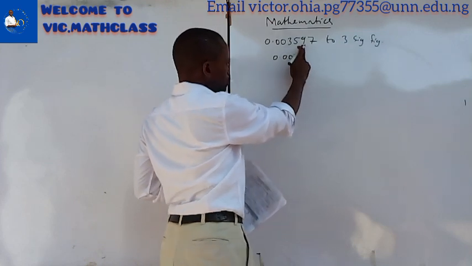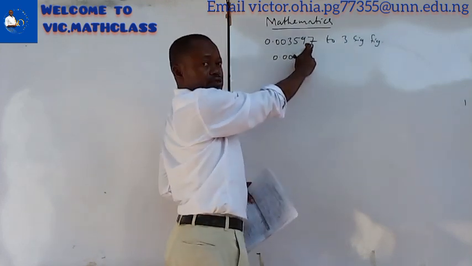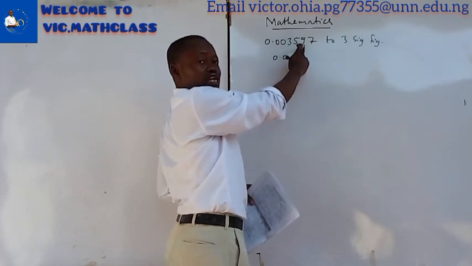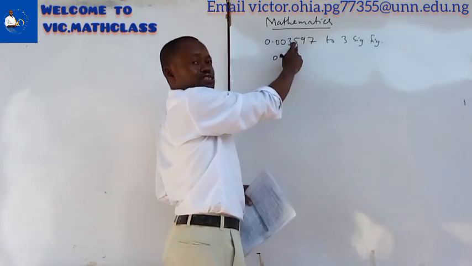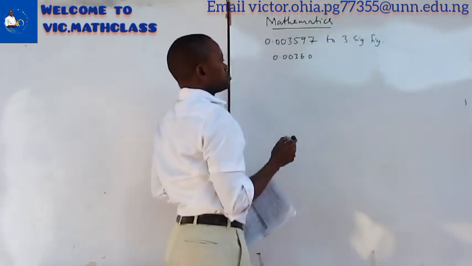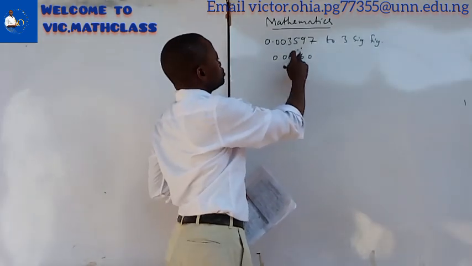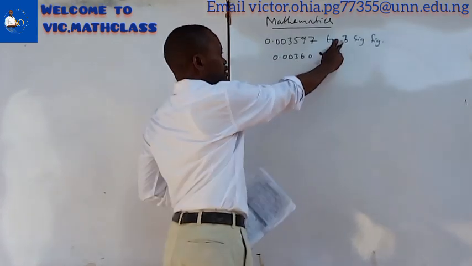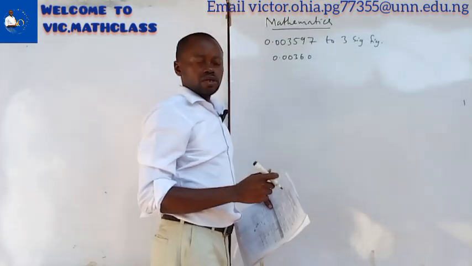Look at what is going on here. If I call this 1 and add it here, this is 10. So obviously, you write 0, carry 1 and put it here, and then this becomes 6. So you have 6, 0. So this is just the approximation of this number to three significant figures.